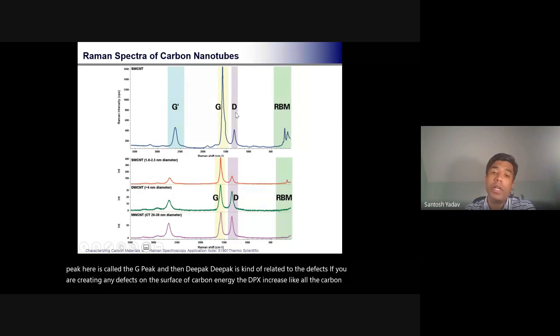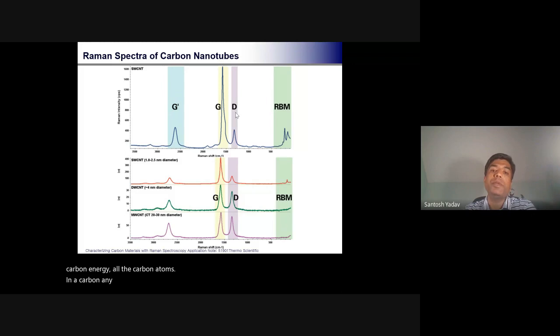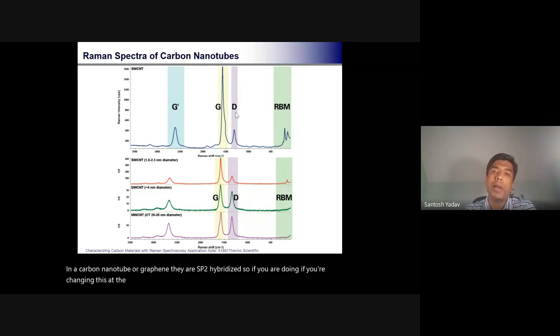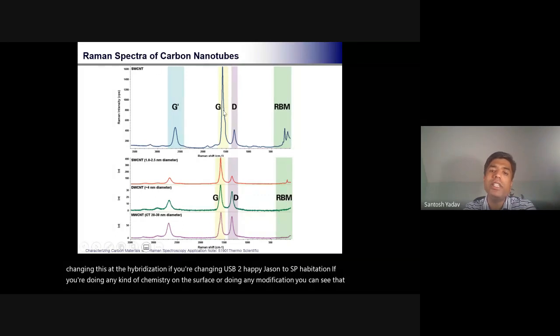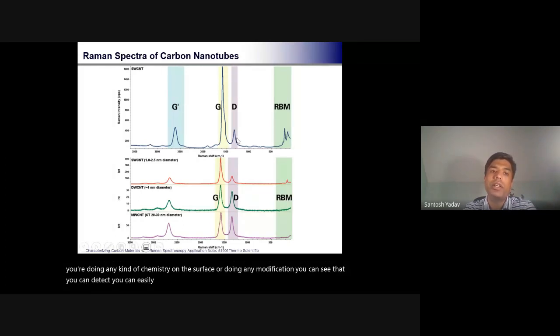All the carbon atoms in a carbon nanotube or graphene are sp2 hybridized. So if you're changing sp2 hybridization to sp3 hybridization, if you're doing any kind of chemistry or modification on the surface, you can easily detect that using Raman spectroscopy.